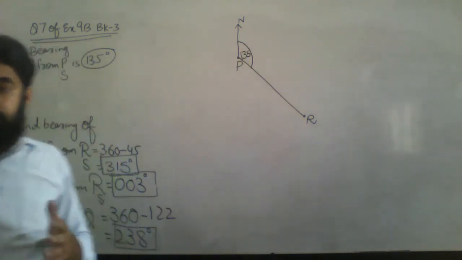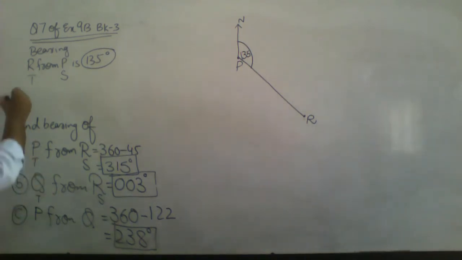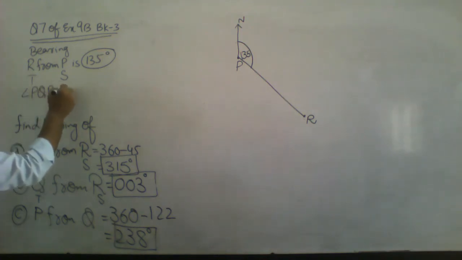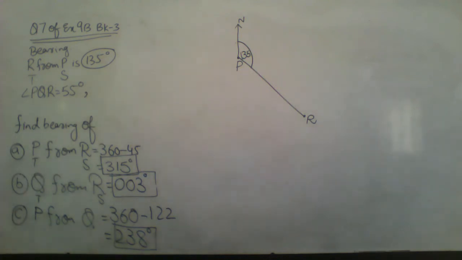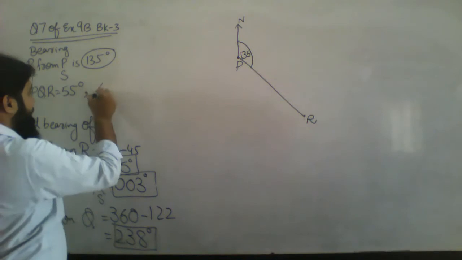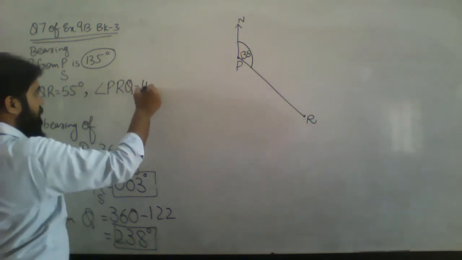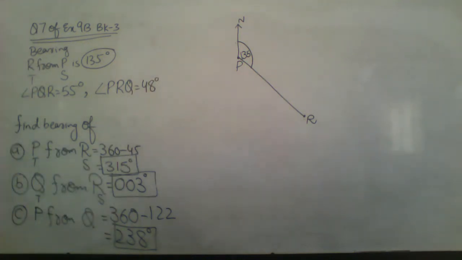Now, what are the remaining things? The remaining things: angle PQR was given as 55 degrees, and angle PRQ was given as 48 degrees.